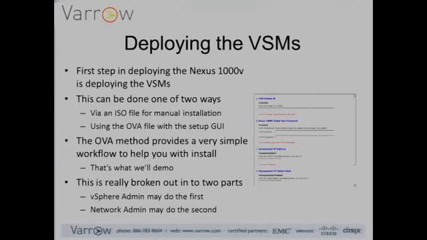Then he may turn around and hand that setup over to the network team who does the rest. The vSphere admin may set a password like VMware 123. And the network team wants a password that's this long with crazy characters. So it's going to ask them to re-enter it again. Don't think you did anything wrong. That's just the way it is. Picture here on the right, you're going to see it again. It's from the OVA configuration.